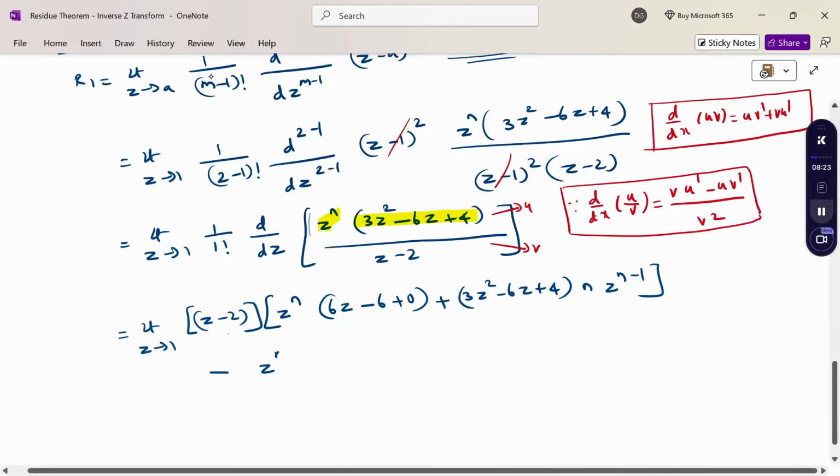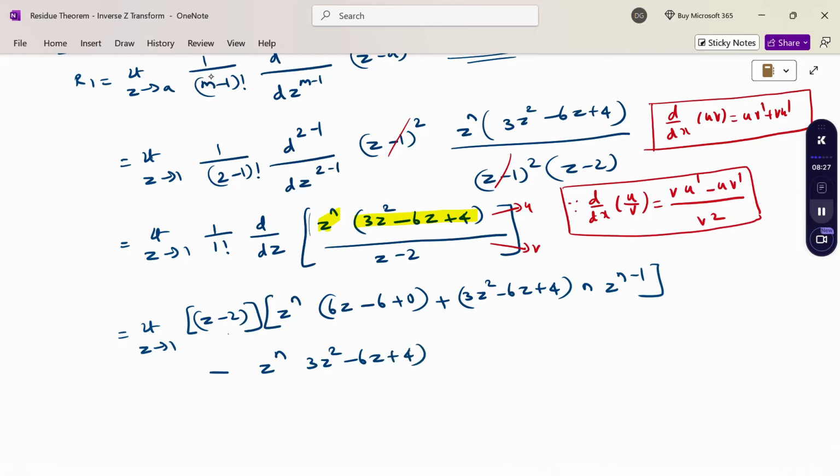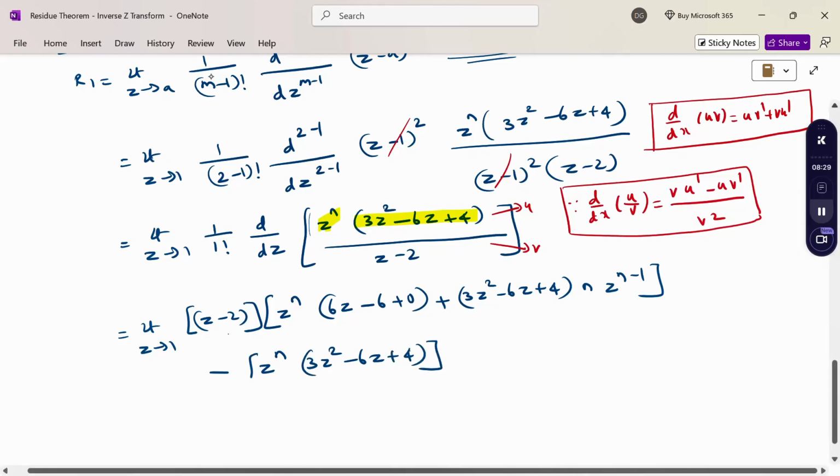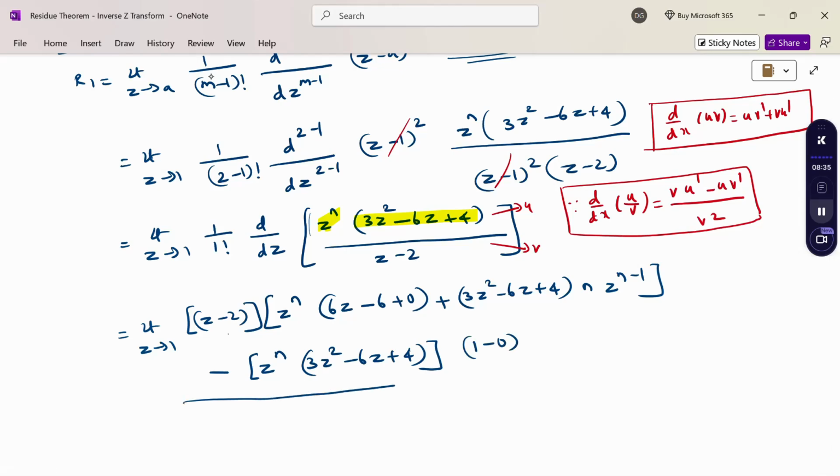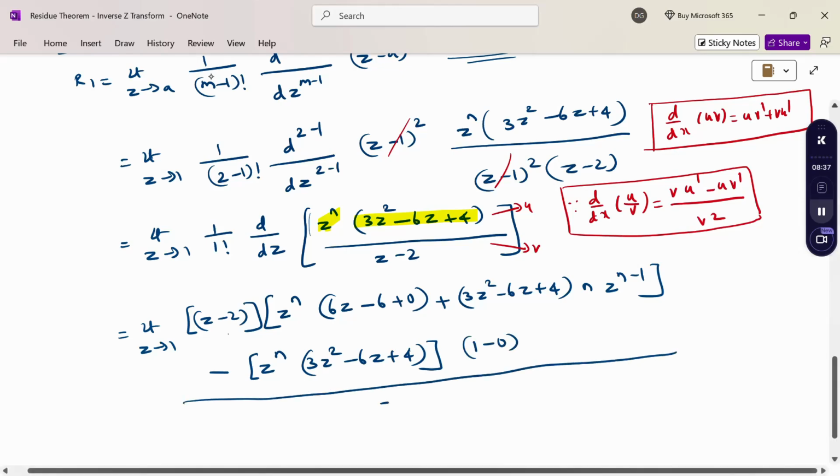U is z power n, 3z square minus 6z plus 4. This term is u v dash, 1 minus 0, whole divided by z minus 2 square.